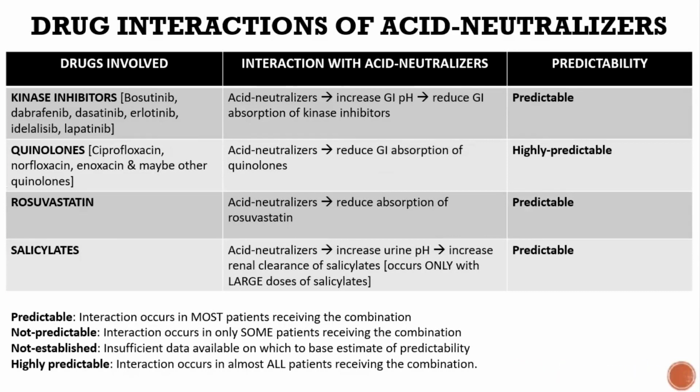So the GI absorption of kinase inhibitors will be blocked. And this is a very dangerous condition because usually kinase inhibitors are used in cancer, and we don't exactly know what the stage of cancer of that patient is. And obviously, cancer is a very notorious disease. So there will be a risk of resistance, and the anti-cancer efficacy will not be achieved. So this is also a predictable interaction.